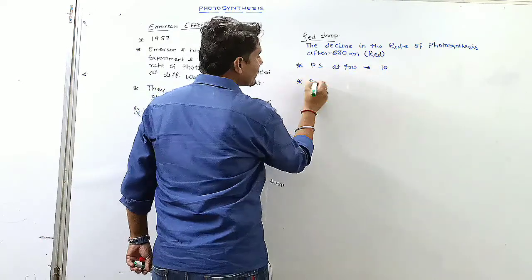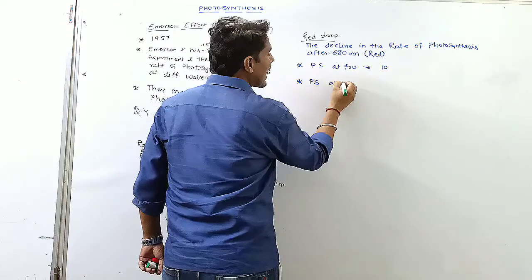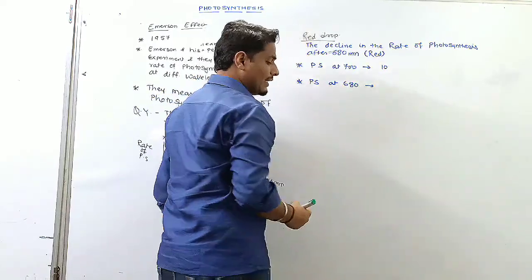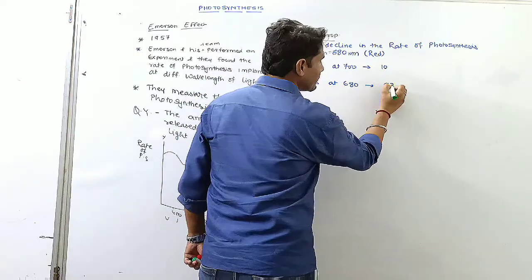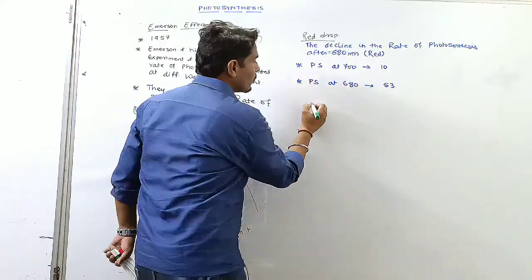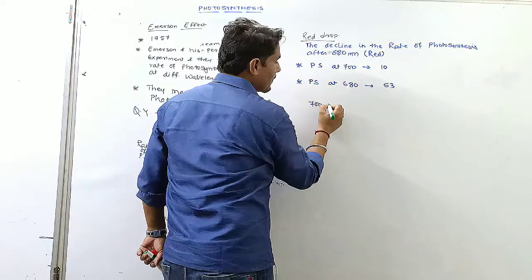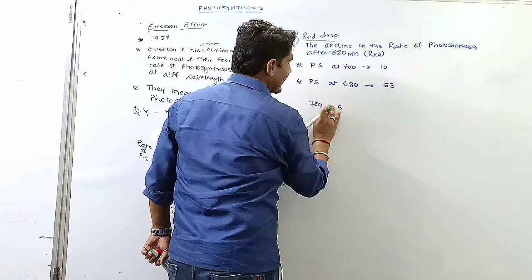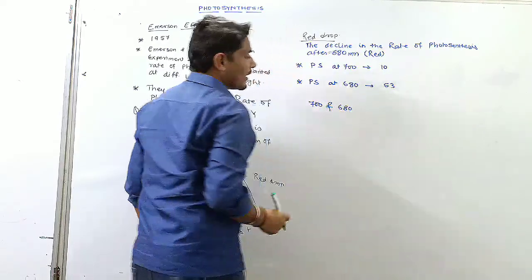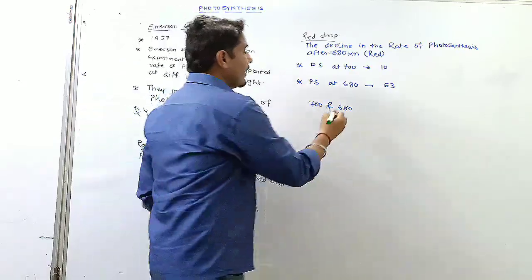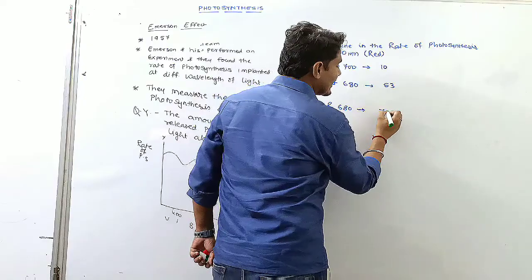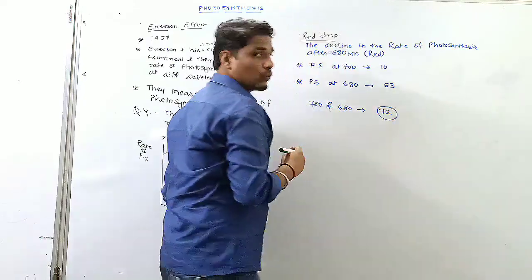Another plant exposed at 680 nanometer had a quantum yield of 53. But when 700 and 680 nanometer light were provided together, the quantum yield was 72.